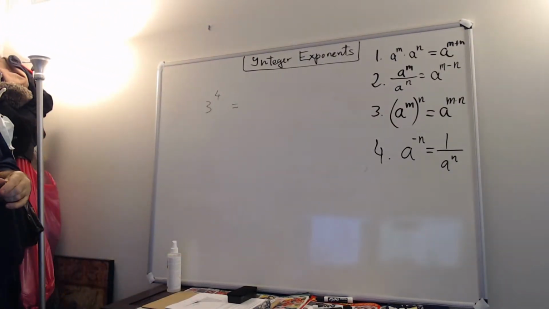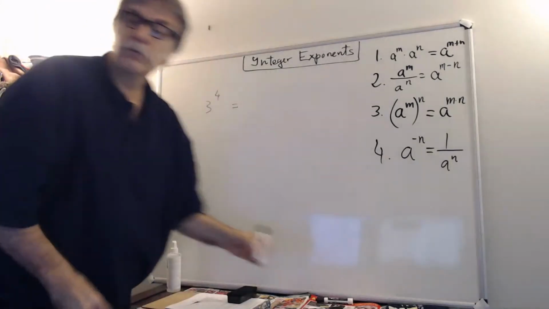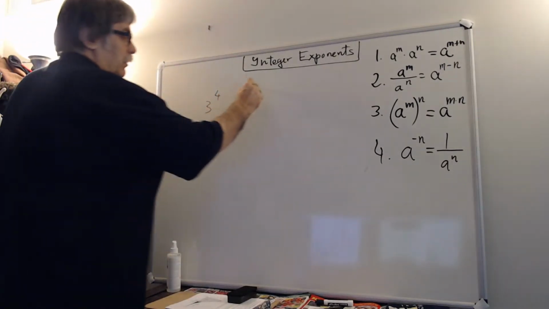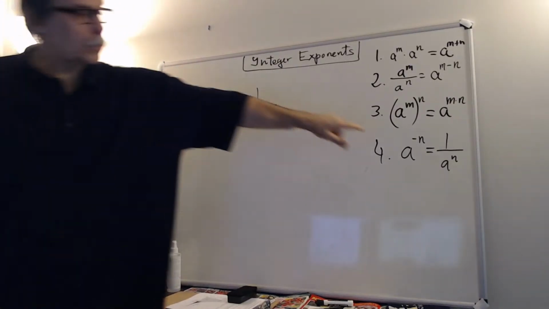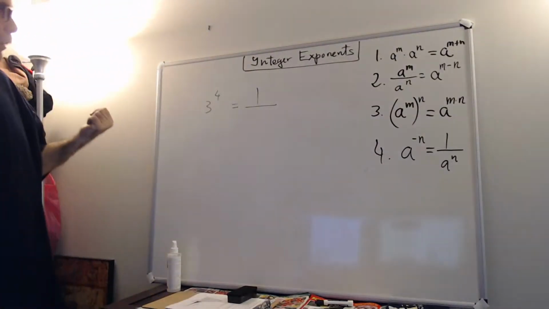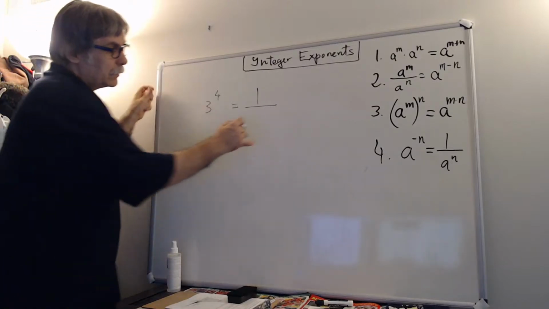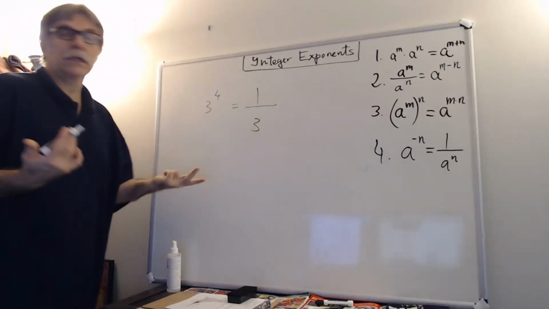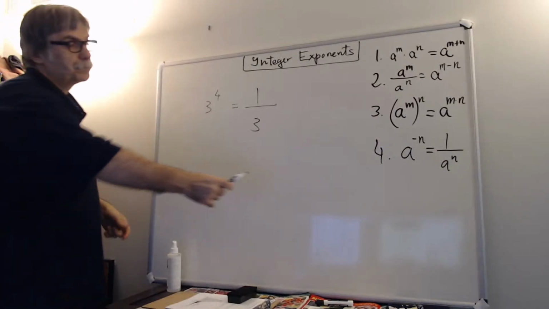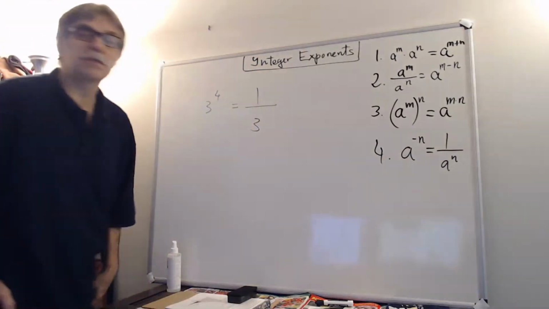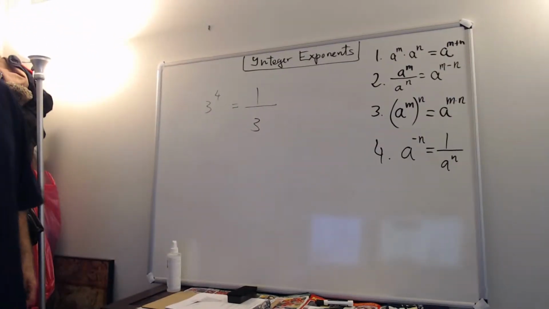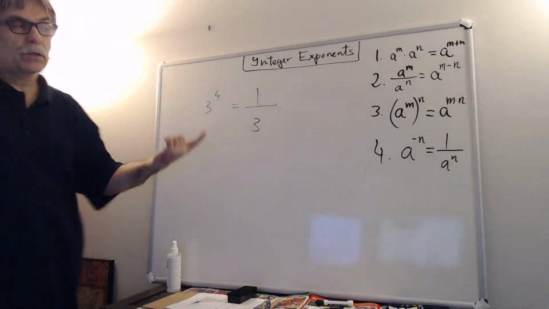Now, how would you be writing this as a fraction? If you want to write this as a fraction, according to the property, you're going to be writing here 3 with the power of what? Well, these two numbers are opposite. I didn't say this n is positive. It could be negative.